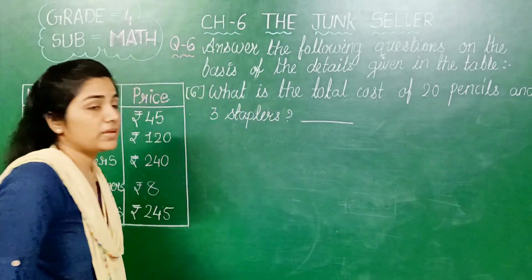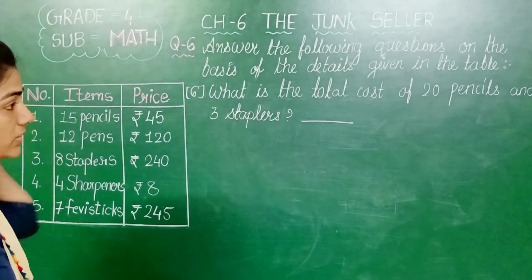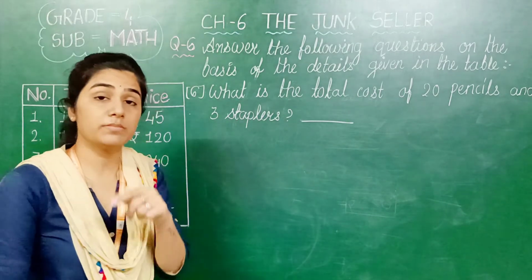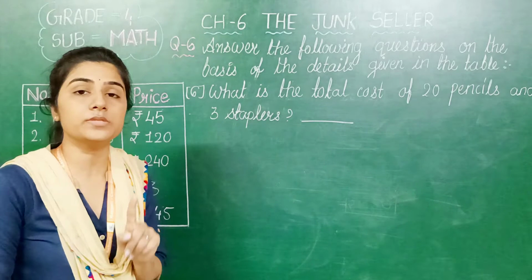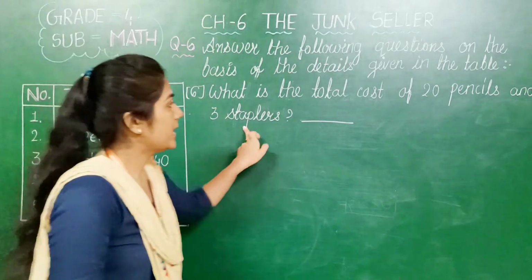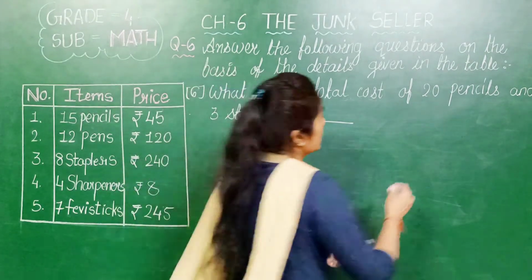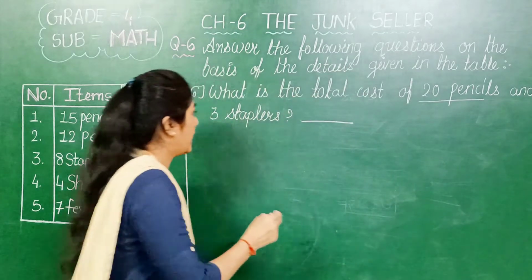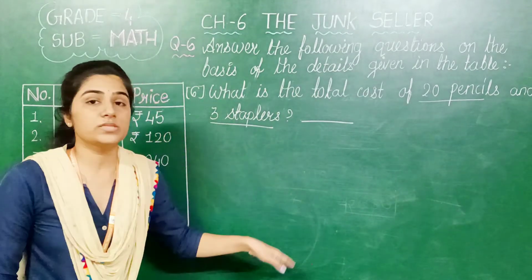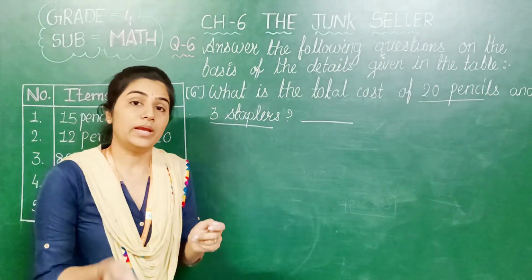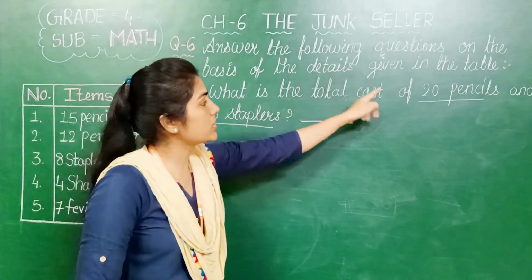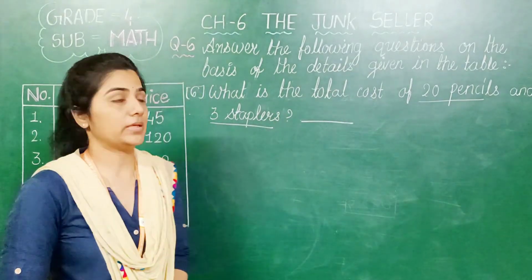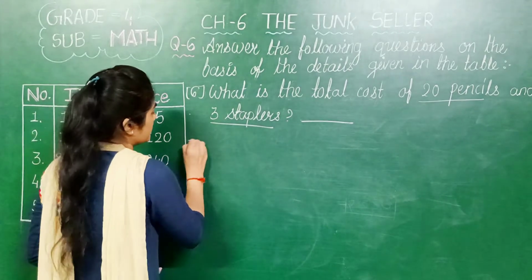See, in the previous numbers we found the cost for only one item, right? Meaning in the question only one item is given. And now in this question number 6, the 20 pencils' cost and 3 staplers' cost we have to find first, and after that the total cost of both of these. So the method will be like this.